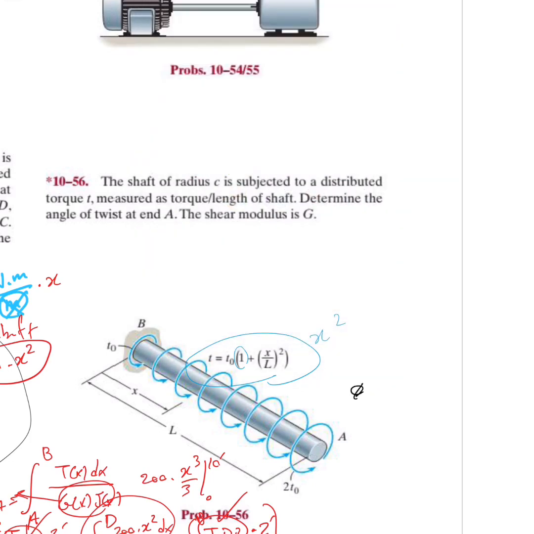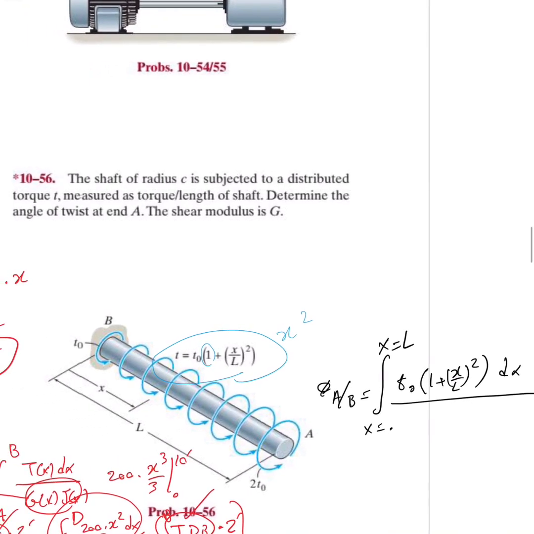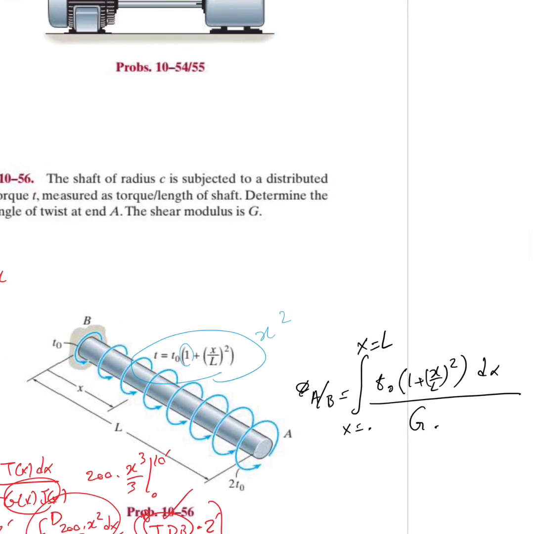So I say phi, the rotation of A with respect to B, is the integral of x from 0 to L of T, which is T0 times (1 plus x over L) squared dx over GJ, and J is simply pi over 2 r to the fourth.